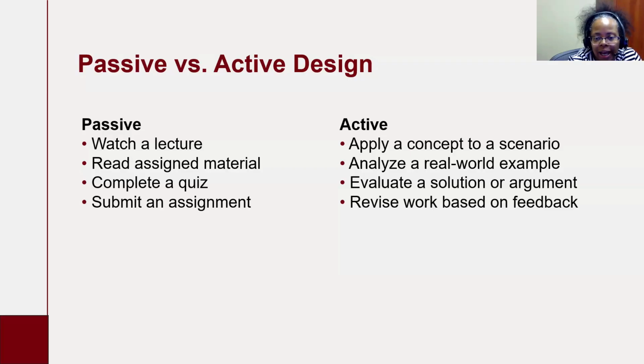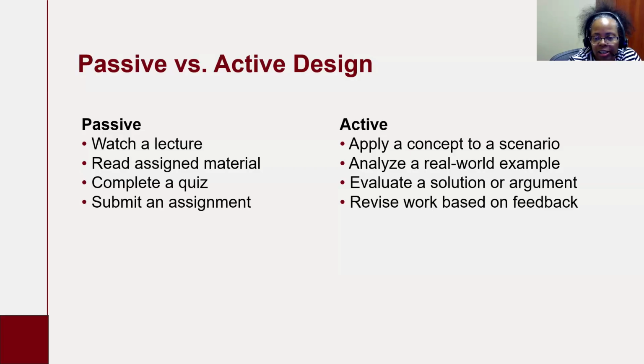On the right side, we see a shift. Instead of just watching a lecture, students apply concepts to a scenario. Instead of only reading, they analyze a real world example. And instead of selecting an answer, they evaluate a solution and justify their reasoning. And instead of submitting work once, they revise based on feedback.